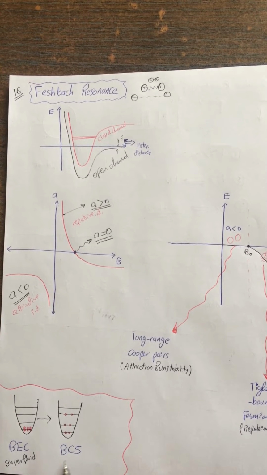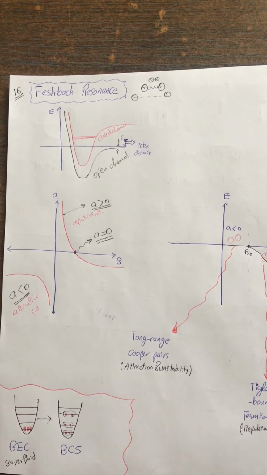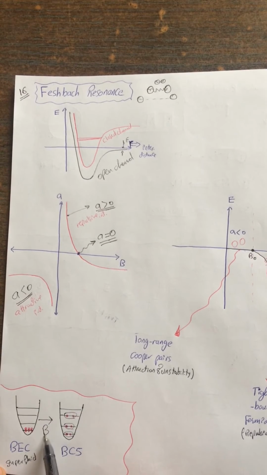For the other case, BCS, there are Fermi pairs here with weak interaction between them. For the Bose-Einstein condensate, two fermions together form a boson, and two other fermions form another boson. You can go from BEC to BCS by the magnetic field and vice versa.